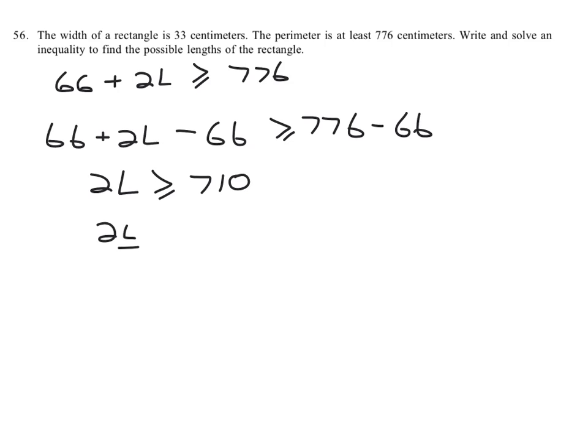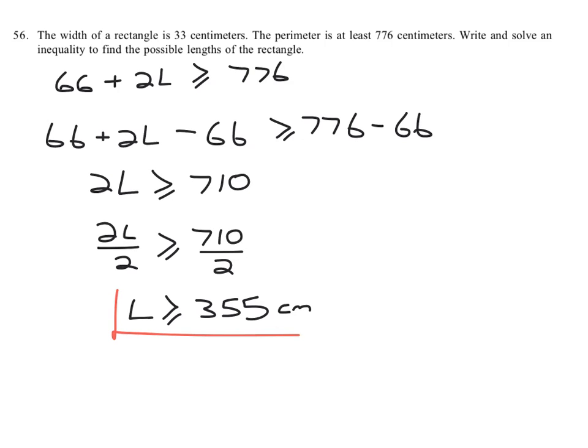Now we've got to divide by 2. And we find that the length is going to be greater than or equal to 355 centimeters in order for us to get a perimeter of at least 776.